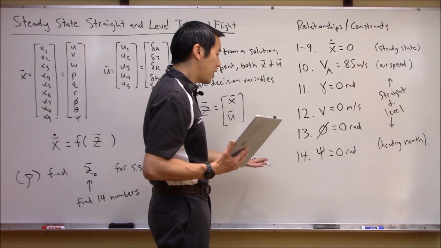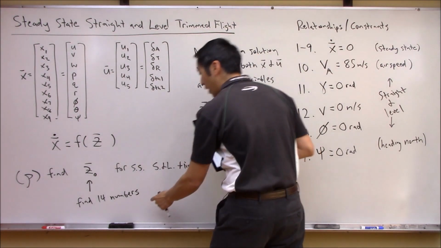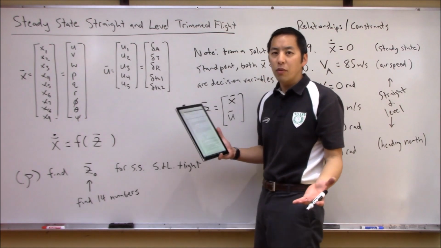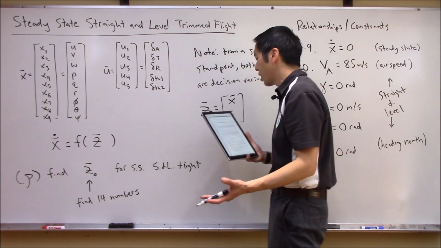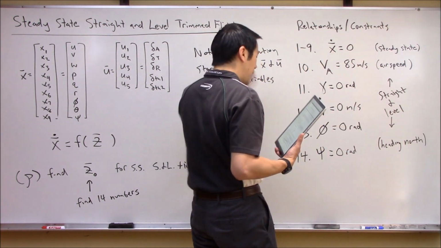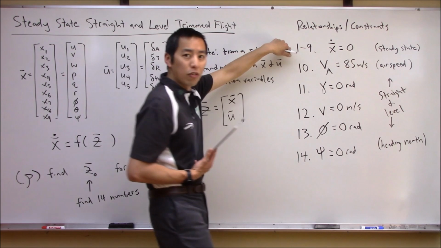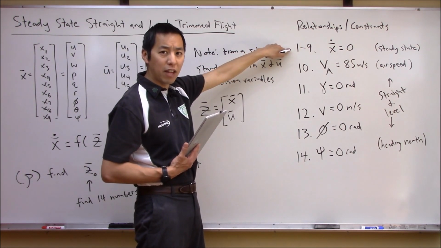So you could think about this as, you know what? I got 14 equations. I got 14 unknowns or degrees of freedom. Heck, do exactly like we did with the spring mass damper, right? Just start solving these relationships and see what they end up with. Well, here's where we're going to hit a bit of a snag. Let's just think about this first one, trying to solve equations 1 through 9, trying to find out what is going to yield steady state behavior, right?